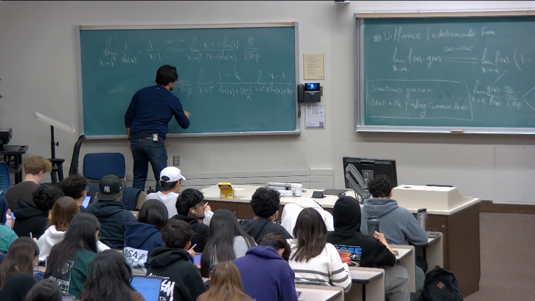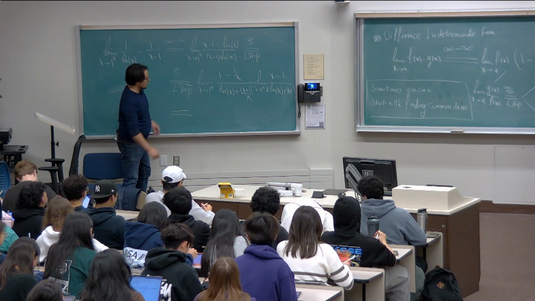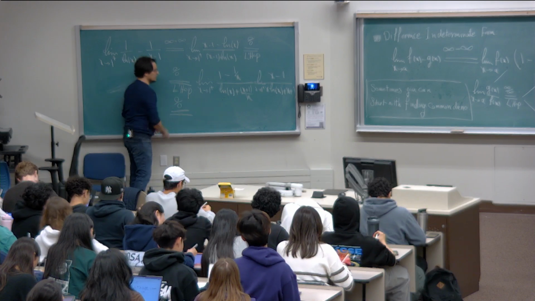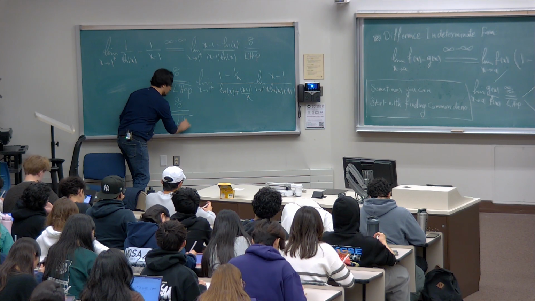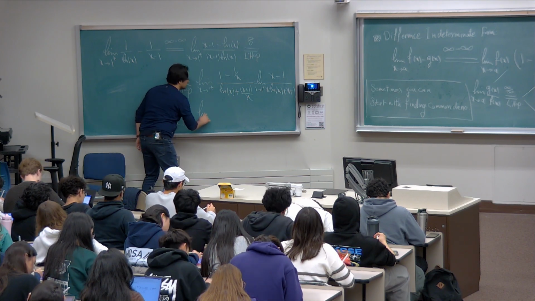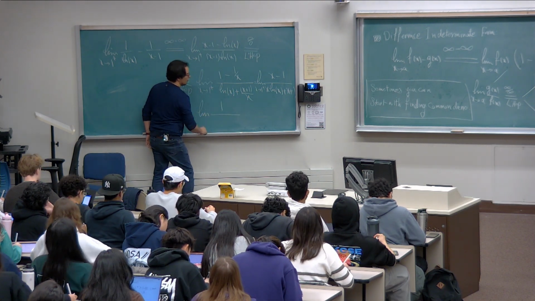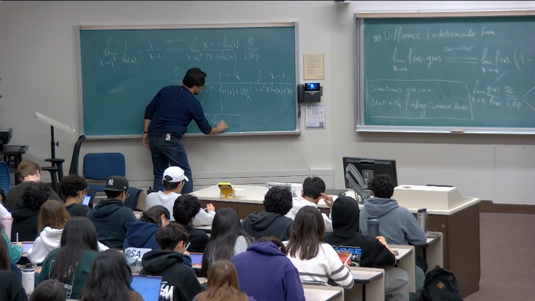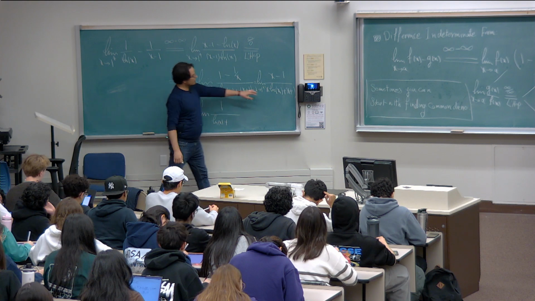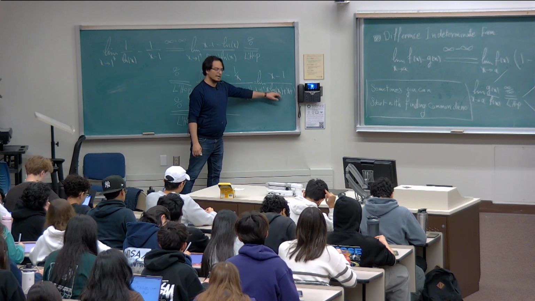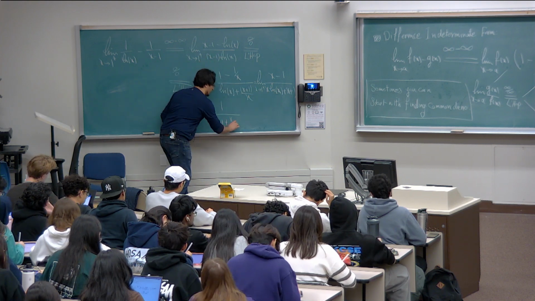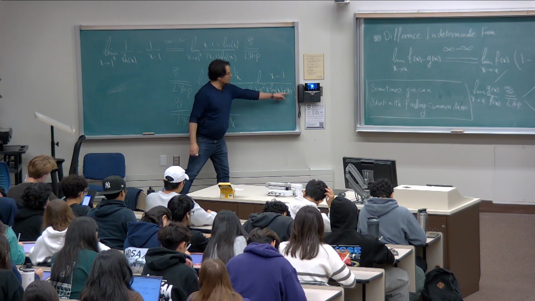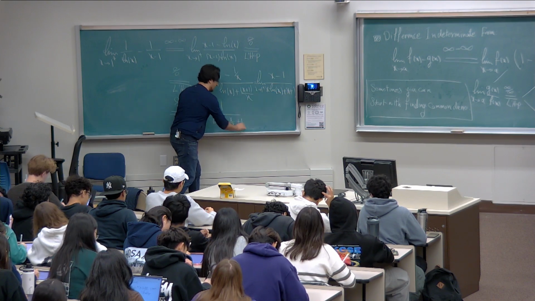So now I'm again in the case 0 over 0, and again I can use L'Hopital, and this will give me 1 over 1 times ln x plus the derivative of ln x, which is 1 over x times x, is x over x. The derivative of x minus 1 is 1.